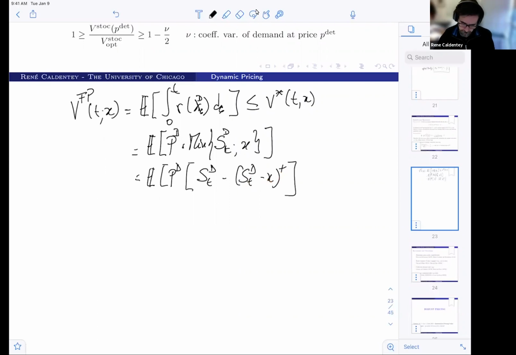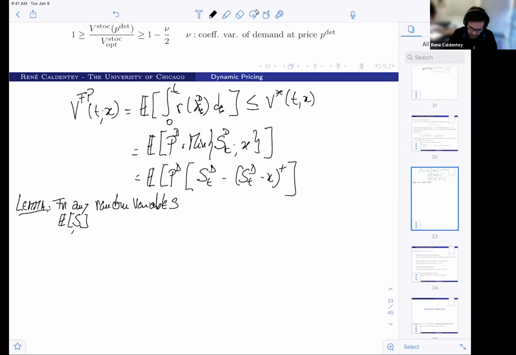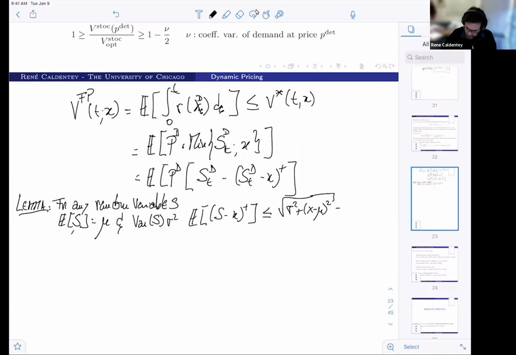And then from here, you can use a lemma that Guillermo proved in a previous paper that says that for any random variable S with mean, let's call it mu, and variance sigma square, you give me a random variable, then the expected value of the positive part of S minus X is bounded above by sigma square plus X minus mu square minus X minus mu, divided by 2.